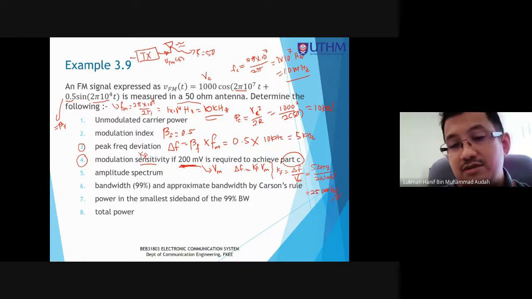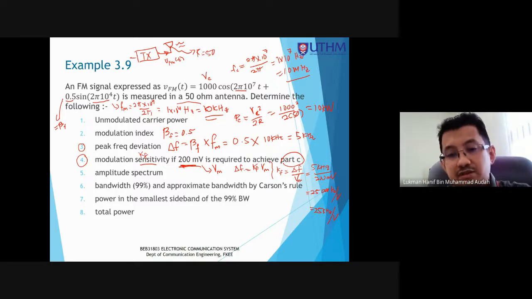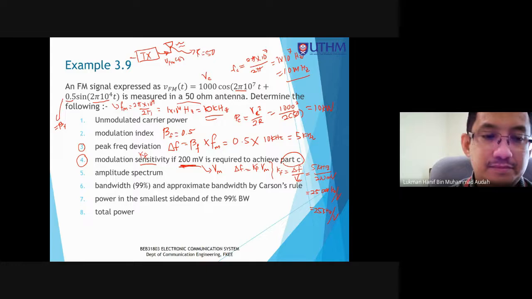Remember, the unit is hertz per volt because we divide frequency and voltage. Or you can simply write 25 kilohertz per volt. The unit is hertz per volt.